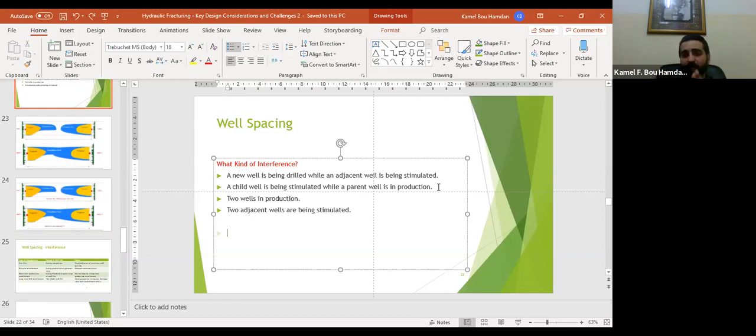When this happens and you stimulate a well close by, the propagation of the fracture would prefer to go in the direction of the minimum, let's say, pore pressure. So you might have the newly fractured well going towards the previous or the parent well, and it might cross it as well. So you might have the new hydraulic fractured well entering or crossing the parent well.